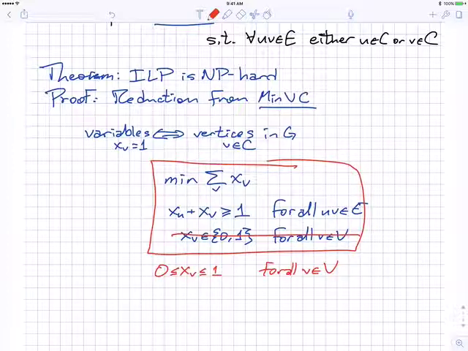Again, this LP is always feasible because I can just set every one of these variables to be 1/2. And then for every edge, 1/2 plus 1/2 is at least 1. Actually, I knew it was already going to be feasible because I could just set all the variables equal to 1. But what this says is that I can get a feasible value less than or equal to n over 2, because I can get n over 2 by having half of each vertex.